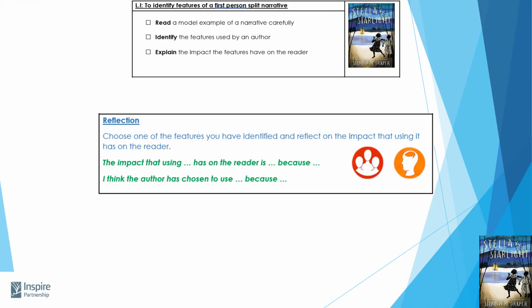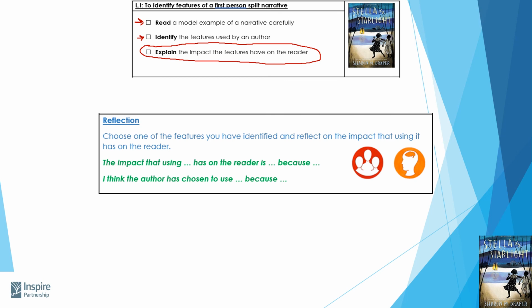Once you've finished that, you're going to need to look at your very last part on your steps to success. So what we'll have done is read the model example writing very carefully. We will have had a look at the features that the author has used. This is the last bit we're going to do here. We're going to explain the impact the features have on the reader.